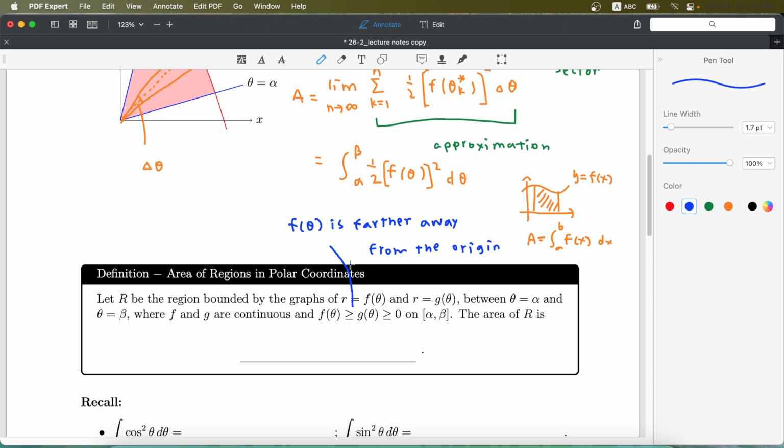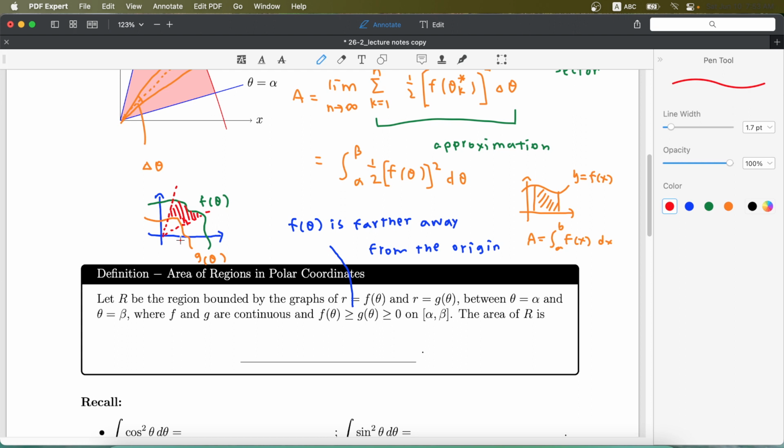Okay, so basically you have a graph that might look like this. So we have this f of theta, and this is g of theta. Okay, so if you want to find the area enclosed by these two curves, you're finding the area in between.